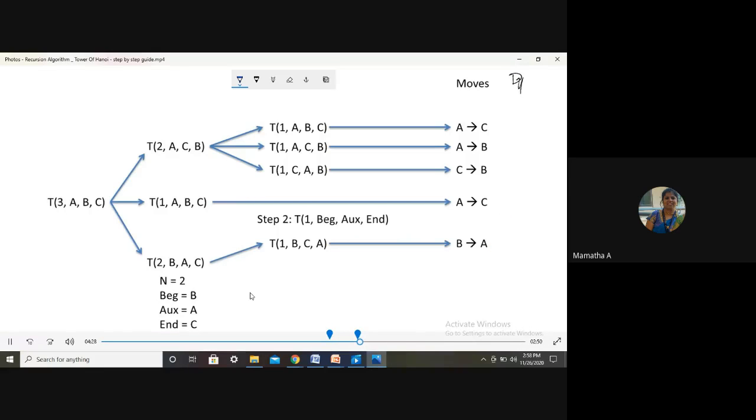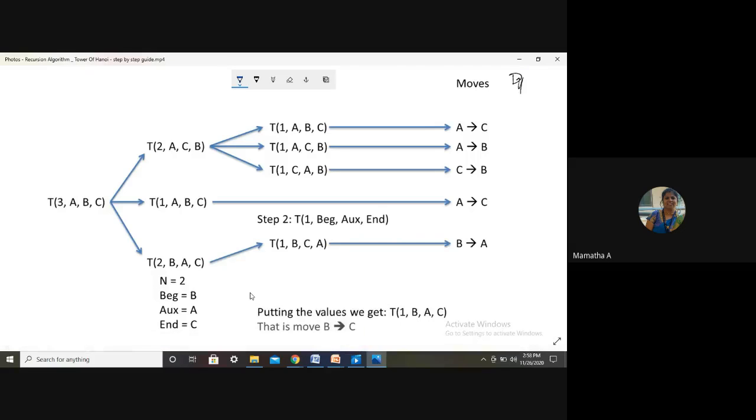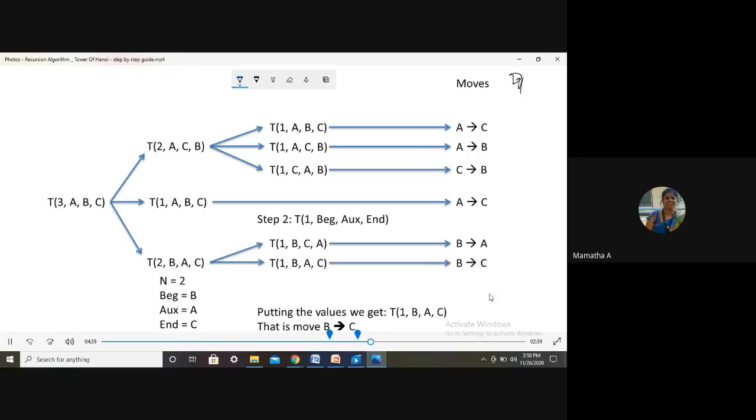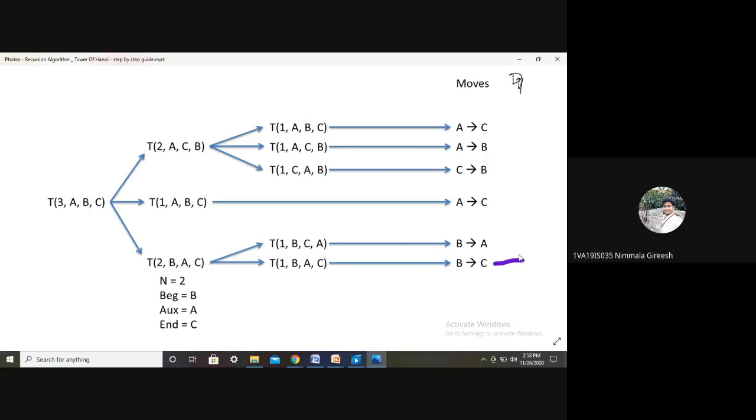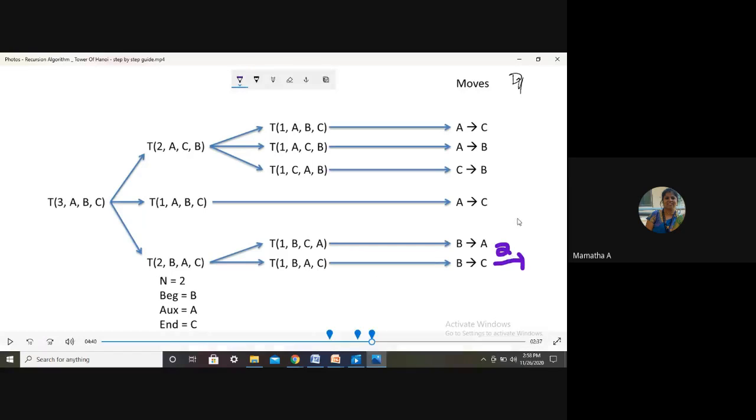Next, what is moved now in this case? The second disk is moved from B to C. Very good. So this is moving disk number 1 from B to A, then disk 2 from B to C.